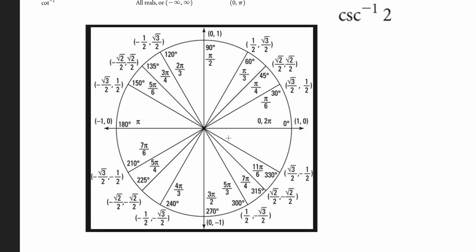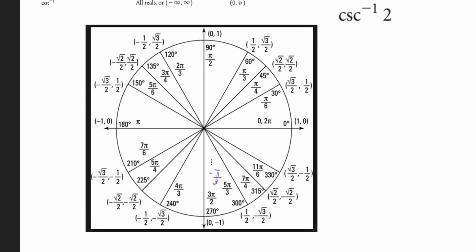Now, if I were to come from 0 in the clockwise direction, this is when it starts getting negative, right? The angles start getting negative. So I will still land here, but instead of 5 pi over 3, my angle is going to be negative pi over 3.